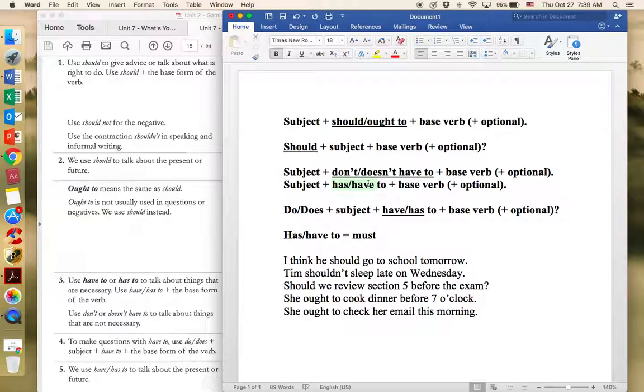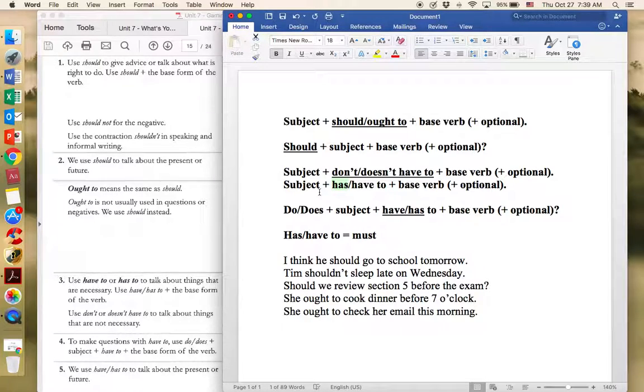Have or has to is going to depend on the subject. If it's first person, we're going to say have to, I have to, right? If it's first person plural, we have to. If it's second person, you have to. Second person plural, you have to, again. Third person, this is where we have to add our s's, of course. Third person singular. He, she, and it has to.